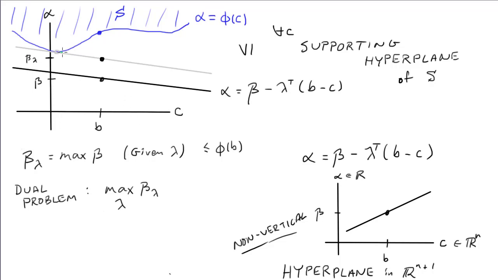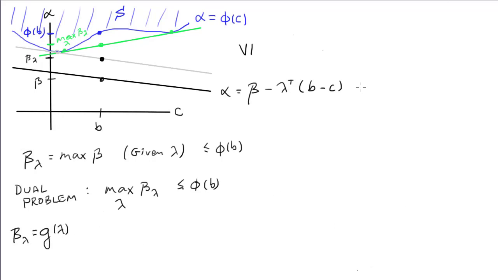This maximum supporting hyperplane looks something like this. Plugging in the point B, that number is still going to be less than phi of B. What we'll show next is that beta lambda is g of lambda, the dual function.